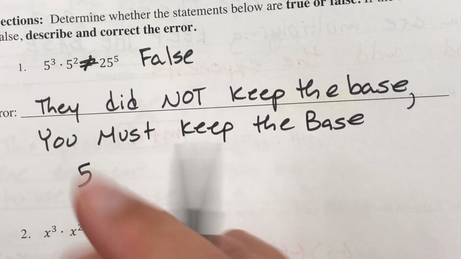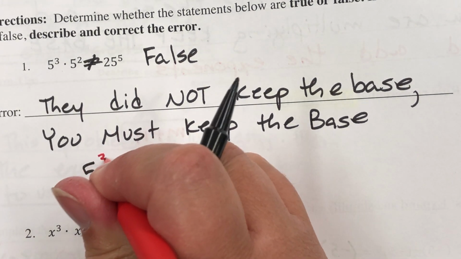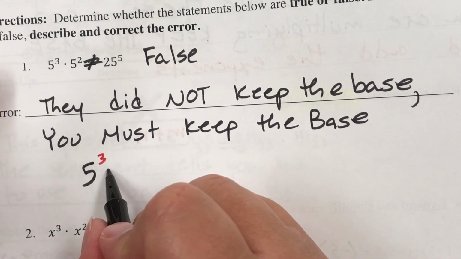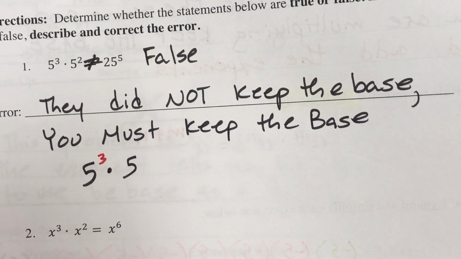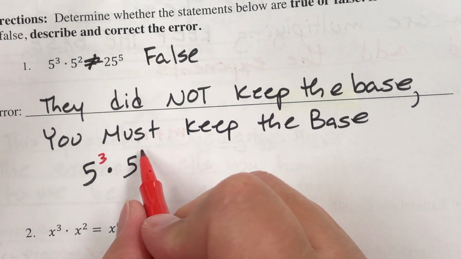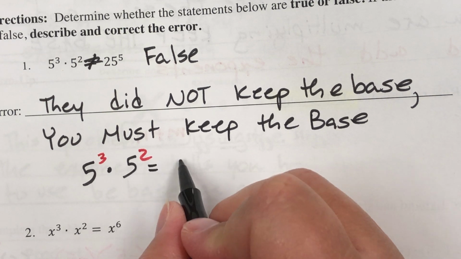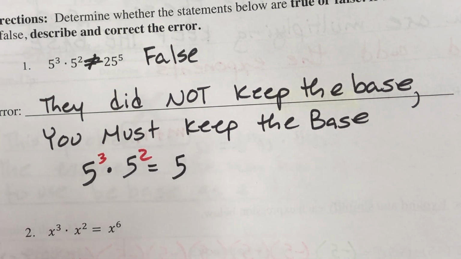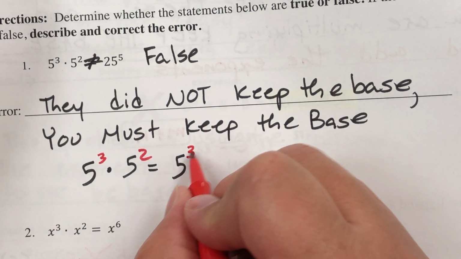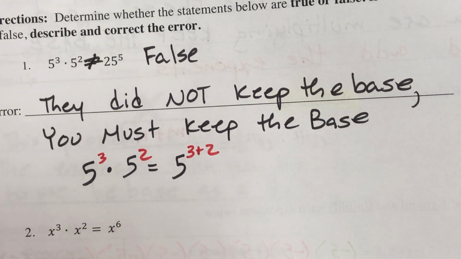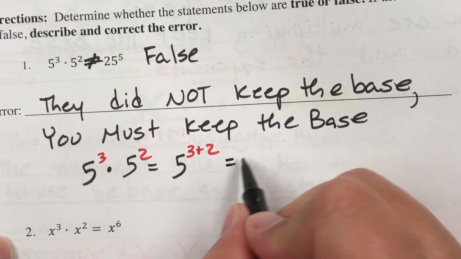So I'm going to rewrite this problem and correct it. 5 to the 3rd power times 5 squared. Well, you keep the base, 5, and now you're adding the exponents, 3 plus 2, and you get 5 to the 5th power.